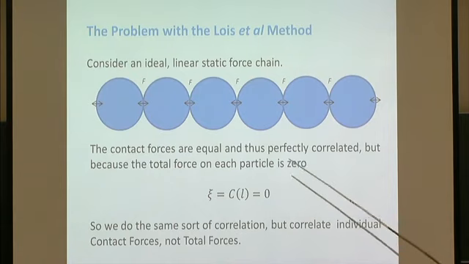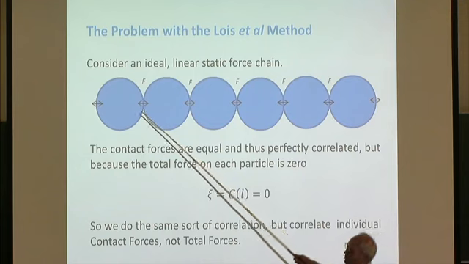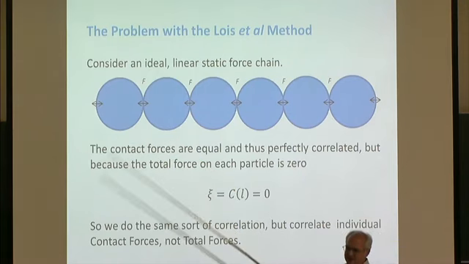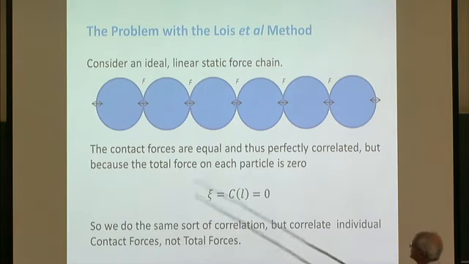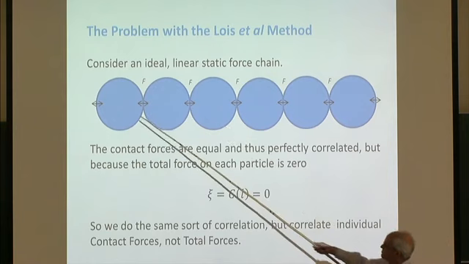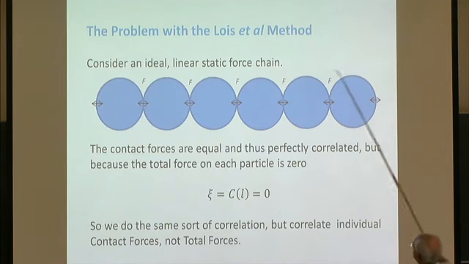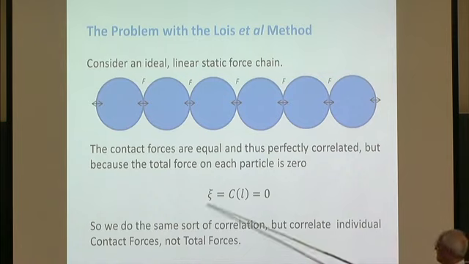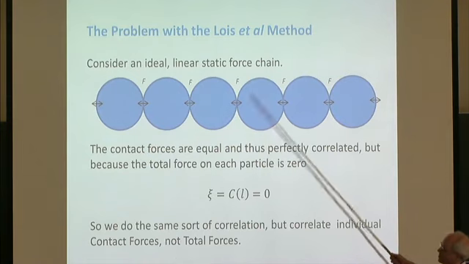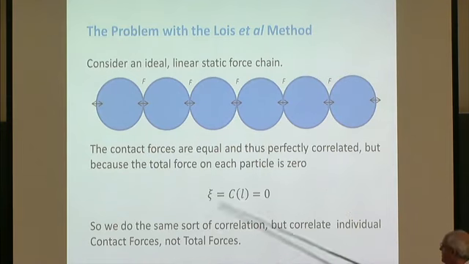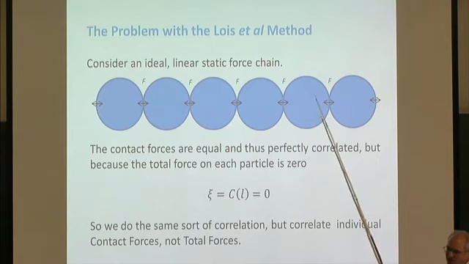What they did was use the total force on the particle as a way of computing their correlation. Here's an imaginary force chain, if you will. Same force on every particle. Every particle's in static equilibrium. Since the total force on each particle is 0, you get 0 correlation and 0 correlation length.